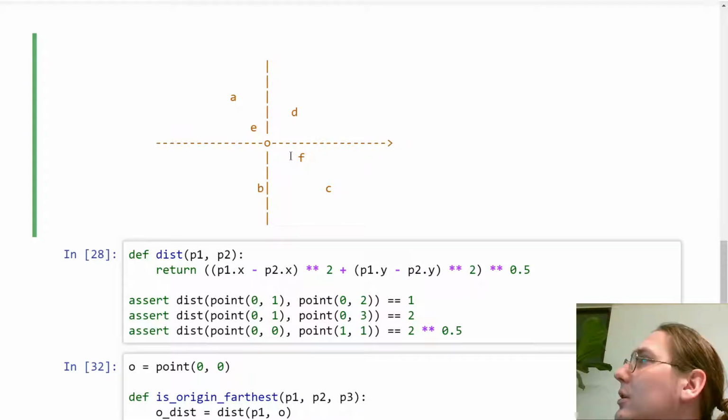If we position ourselves at any point and we look out to the others and we see that the origin is further away from both of them, then the origin will not be included in that area, which is that triangle.